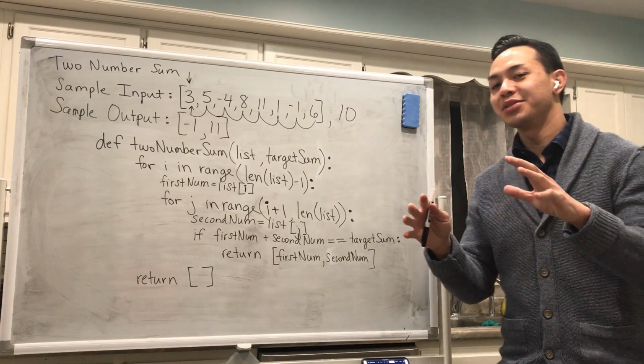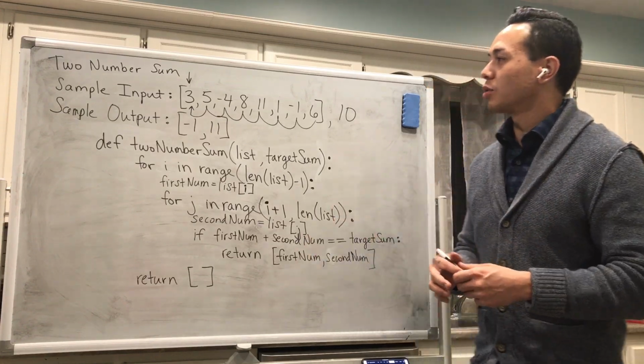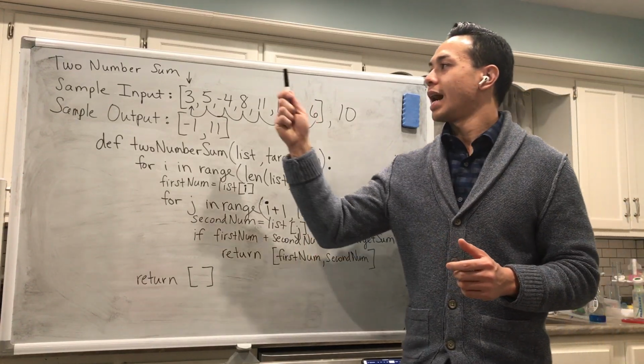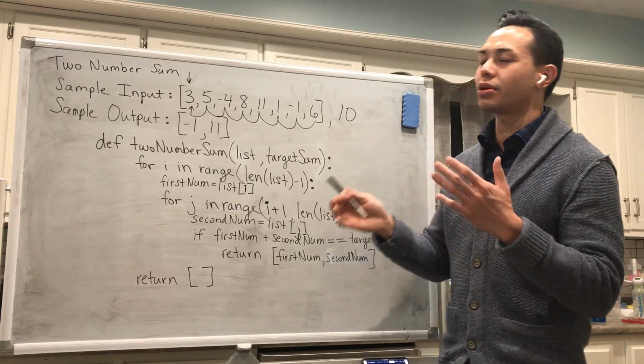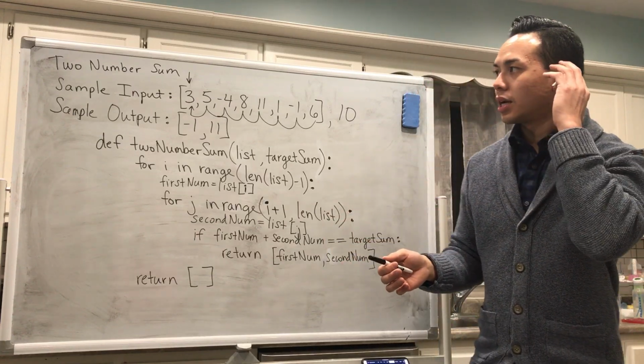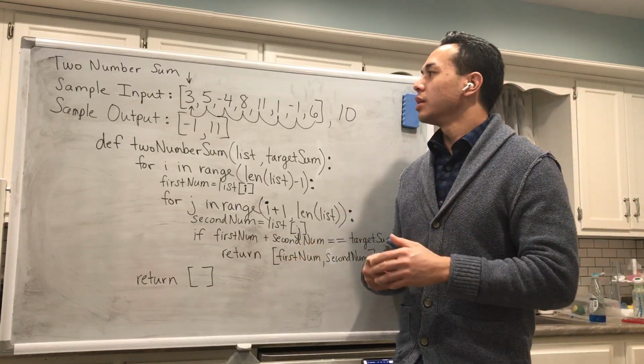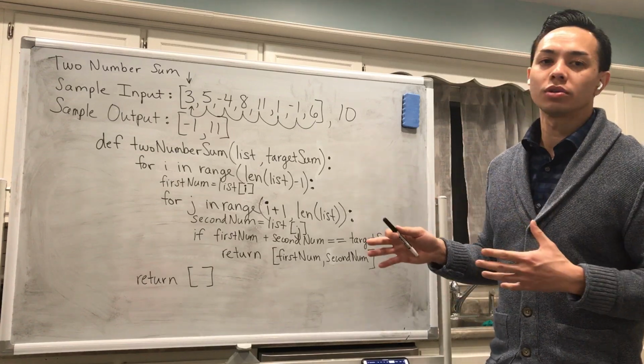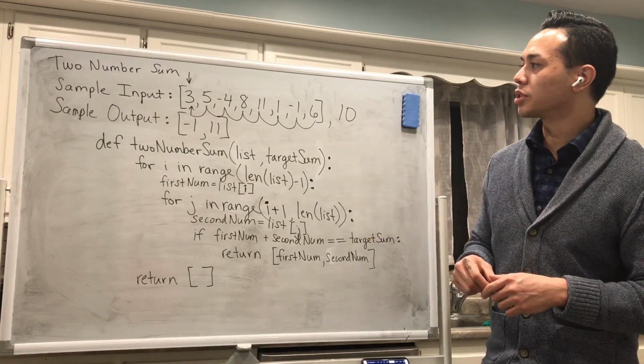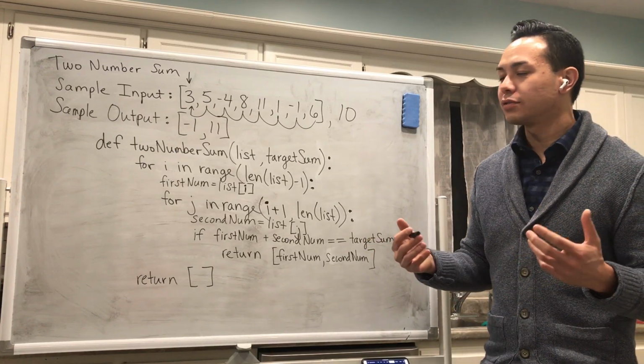I'm going to save the refactor for the next video, where we go over the optimal solution for two-number sum, and also another alternate solution that uses sorting and pointers. But for this video, we're just going to focus on the brute force solution, which is nested for loops.